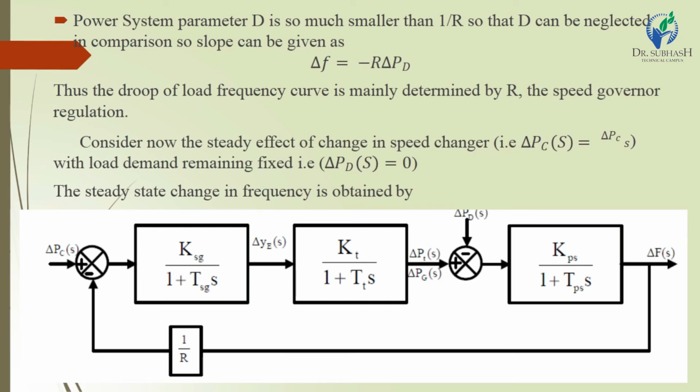Now we consider the steady state effect of changes in the speed changer with the load demand remaining fixed. So we can write that delta PD of S is equal to 0.